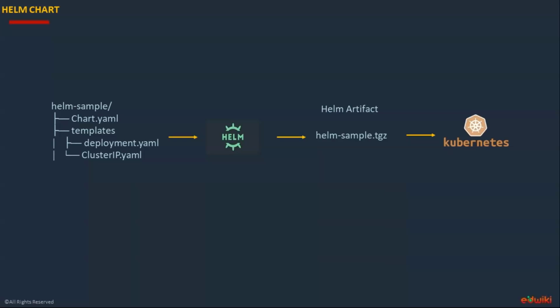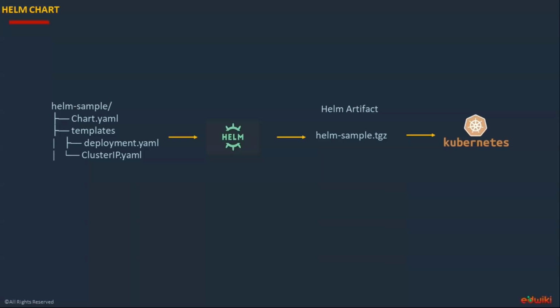No, right? Kubernetes always needs a manifest file to process. That means the API server that is running in the Kubernetes control plane always expects the file to be a manifest file only.